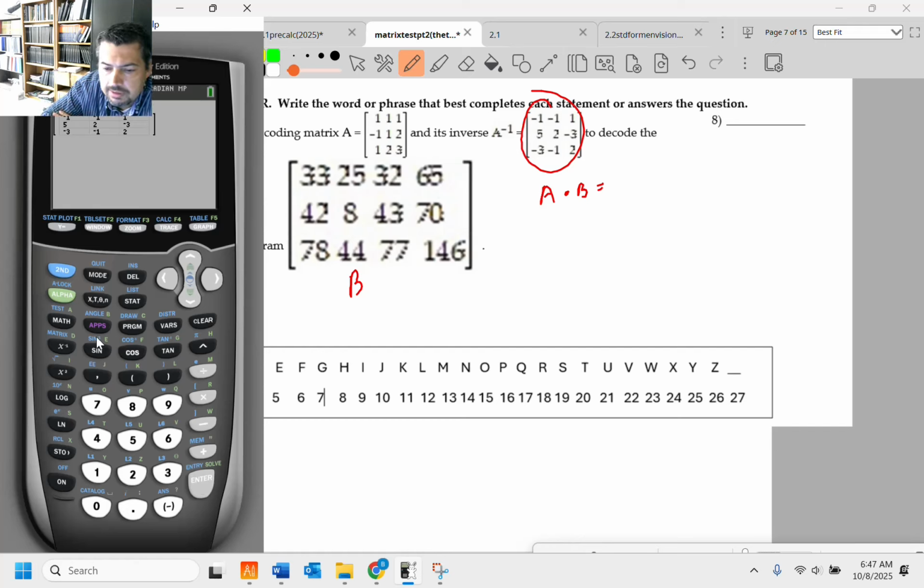That looks good. Let's edit B: 33, 25, 32, 65, 42, 8, 43, 70, 78, 44. Lots of typos.